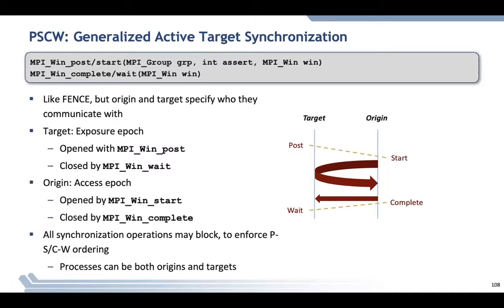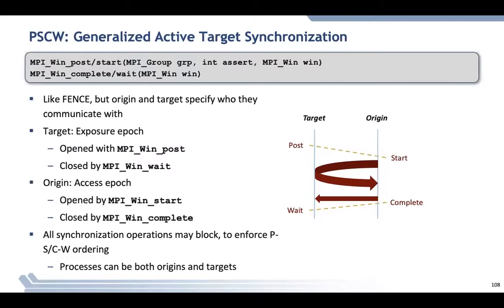It's just split into different functions with different names. It's called post start complete wait. On the target side, the process calls MPI win post and win wait, and on the origin side, it calls MPI win start and win complete.